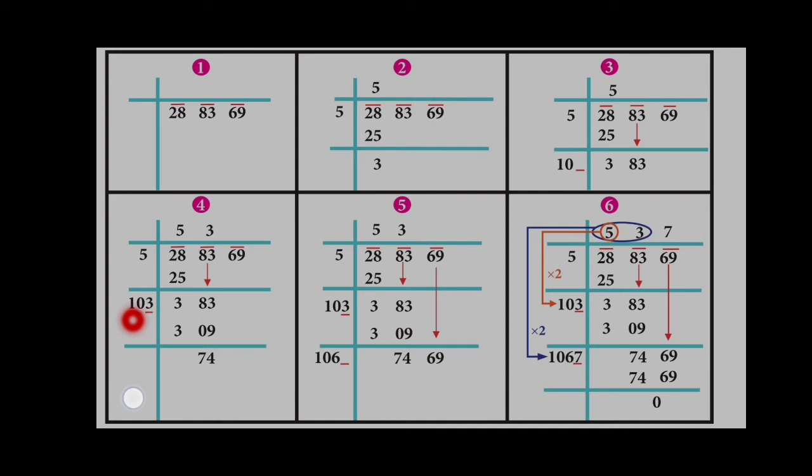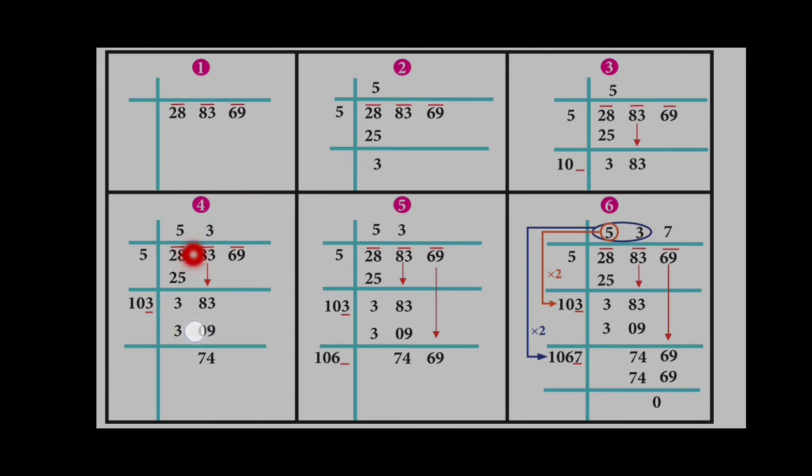Here already 10 is there. So if we use 3, 3 threes are 9, 3 zeros are 0, 3 ones are 3, 309. So if we use 1, here also we should use 1. If we put 2, here also we should use 2.